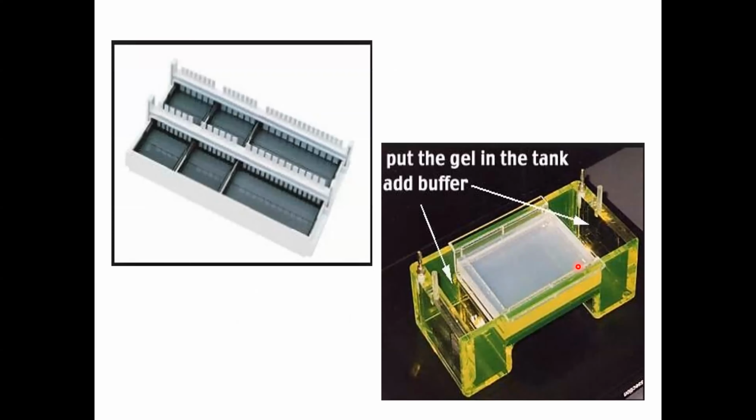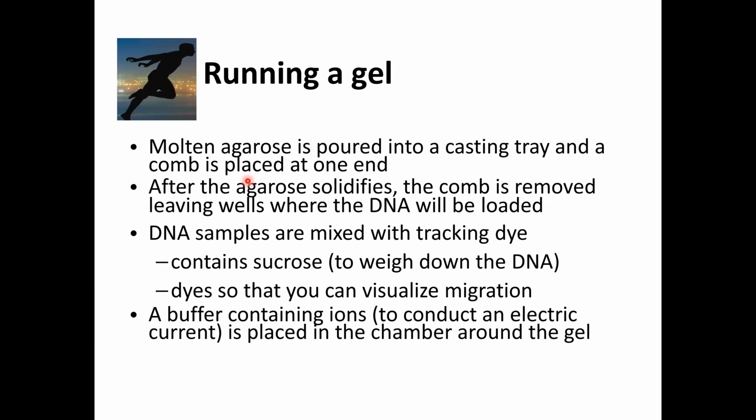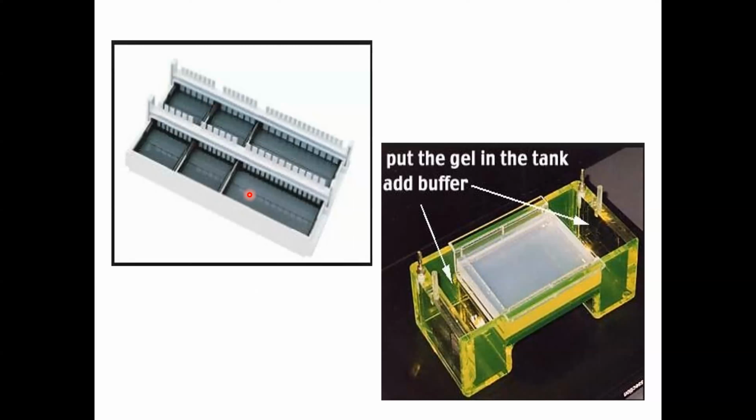In our laboratory, as I'm doing the gel electrophoresis, this is the comb that I mentioned previously. You put your gel here, and after you put your molten agarose here, you put the comb.